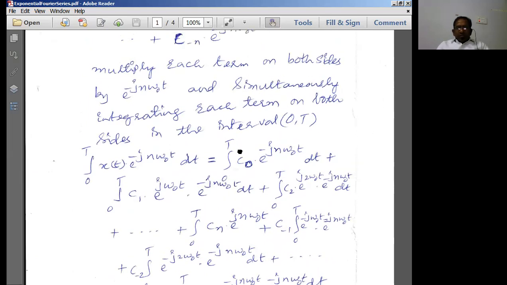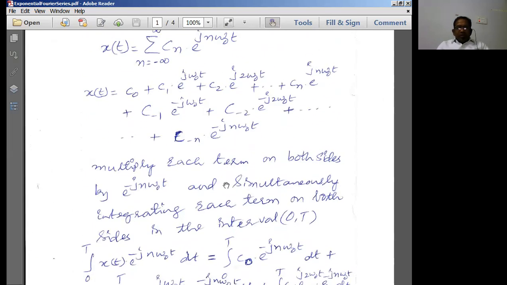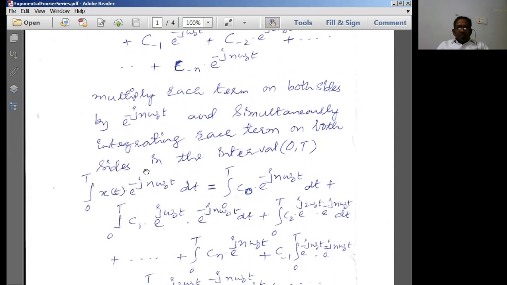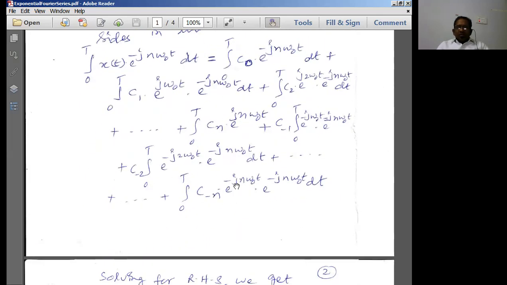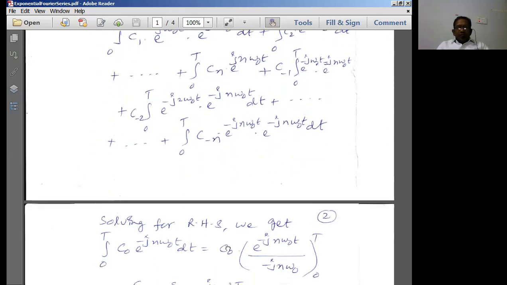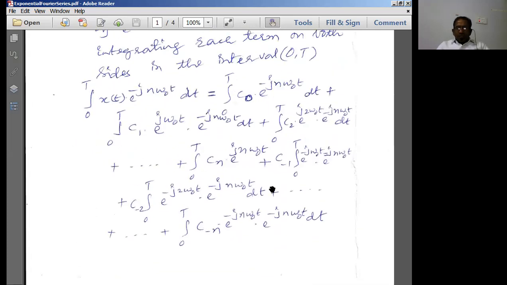Don't get frightened by seeing such an equation, it is going to be very simple integration. We're not going to solve all the terms because we have infinite terms; we solve only 3 to 4 terms to get to the final solution for Cn.